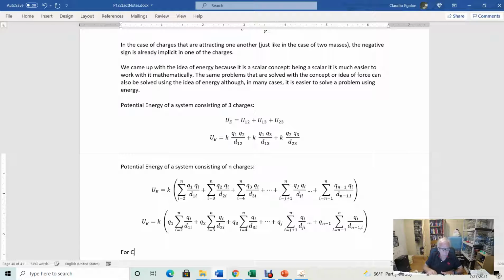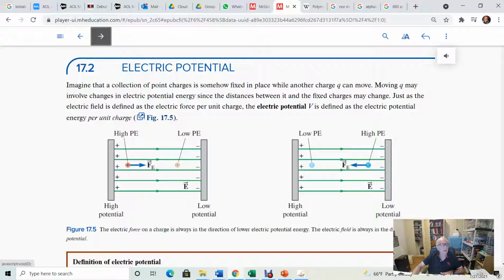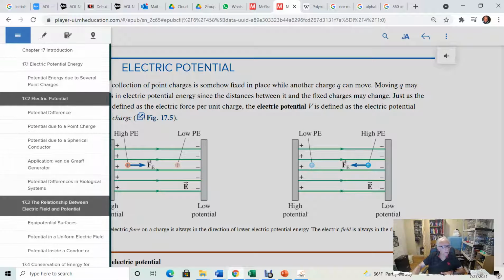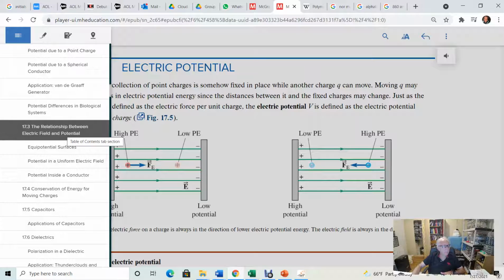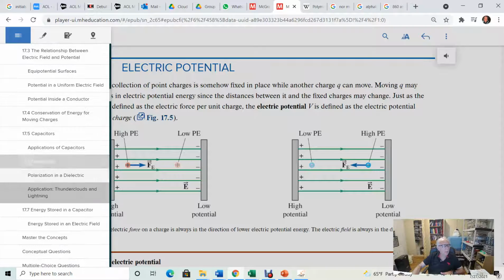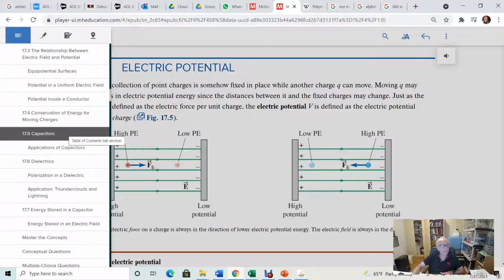For chapter 17, we will cover the following sections. 17.1, 17.2. What else? Let's see. Electric potential, yeah. Relationships between electric field and potential, yeah. We're going to do that. Conservation of energy for moving charges, yeah. Capacitors. Remember we did the lab for capacitors.